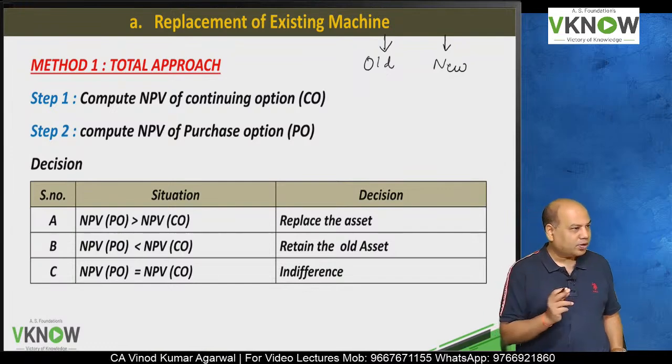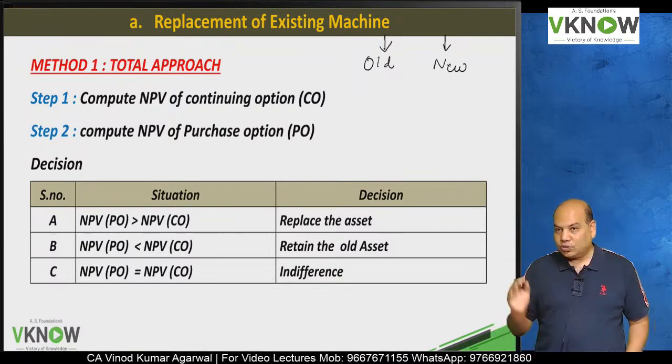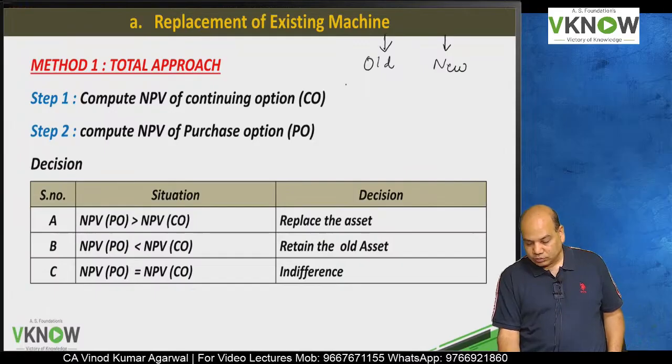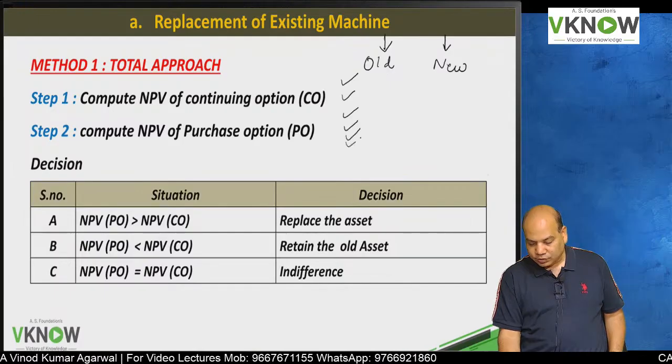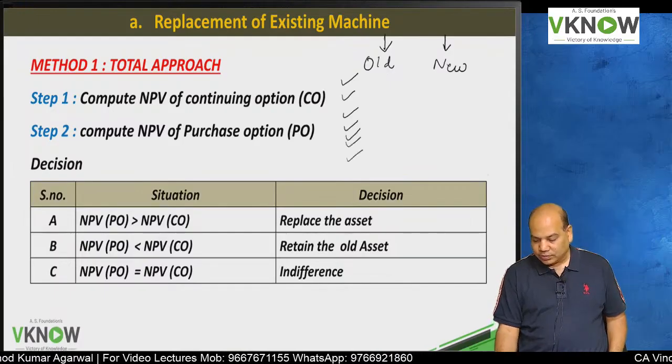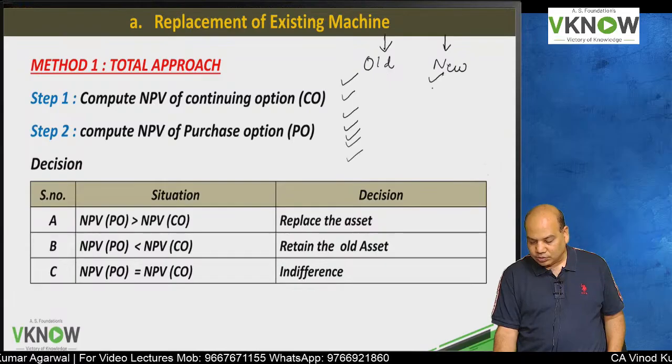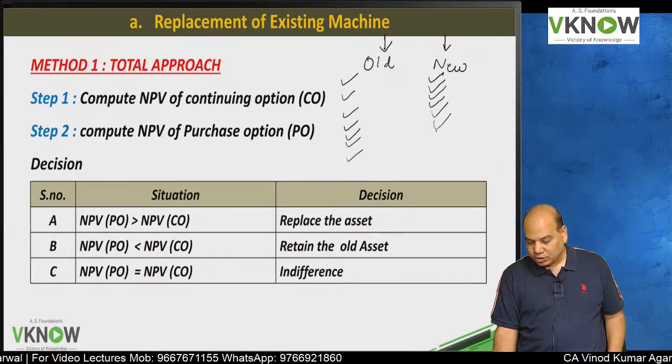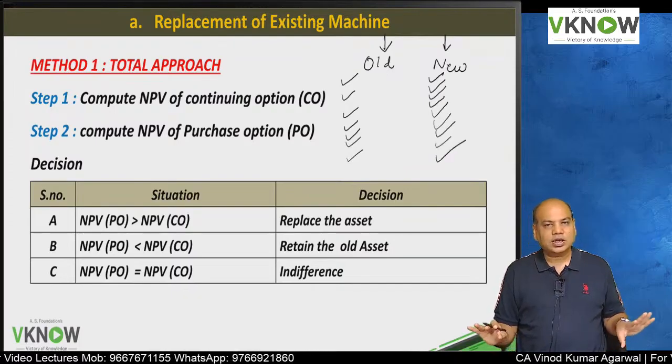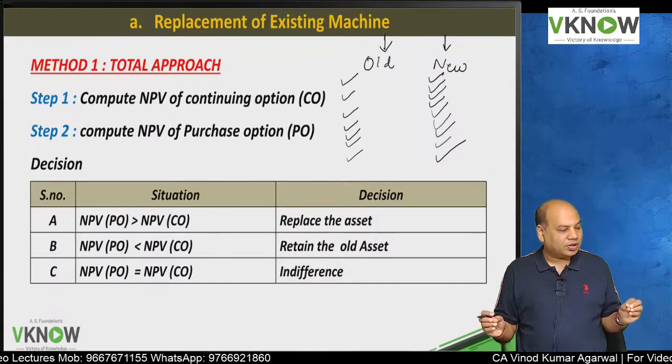If you continue with the old asset, what will be the cash flow in year 0, year 1, 2, 3, 4, 5, and salvage value? If you purchase a new machine, what will be your cash flow in year 0, 1, 2, 3, 4, 5 and salvage value?